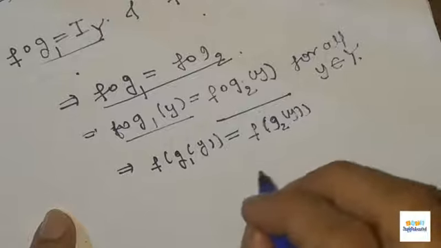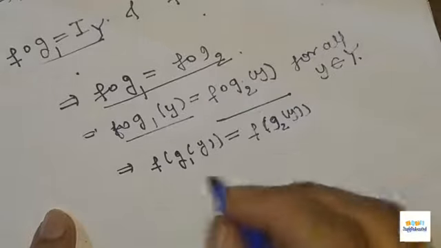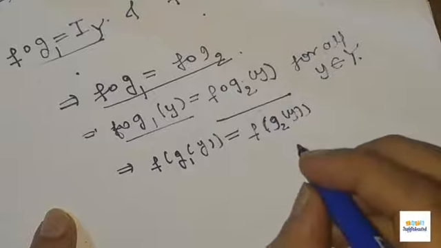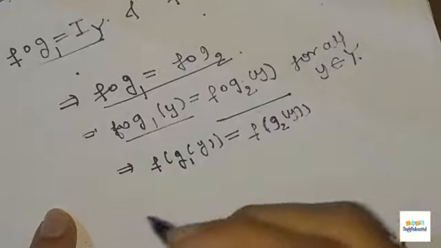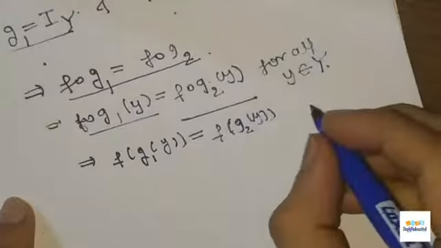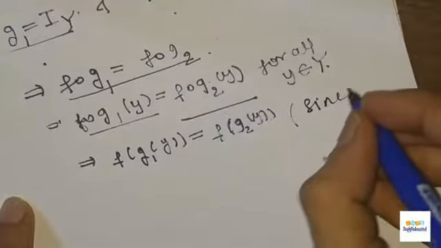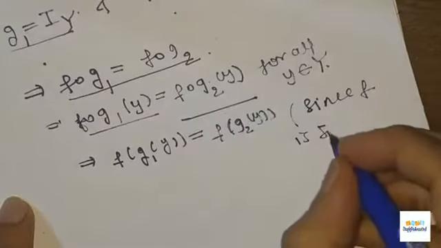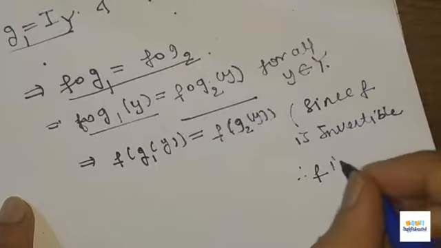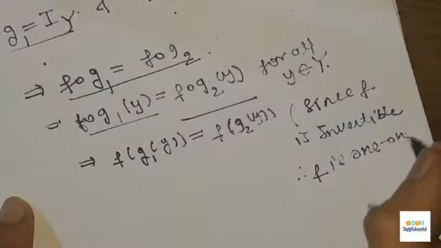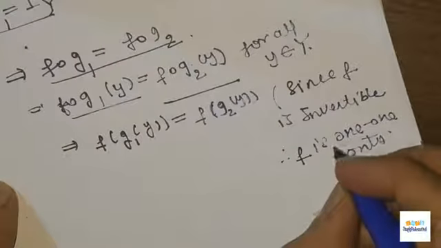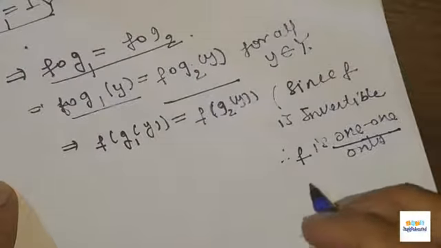Now see this, since f is invertible, it is given that f is invertible, that means f is 1-1 and onto also. But we will use this one-oneness only of the function f.